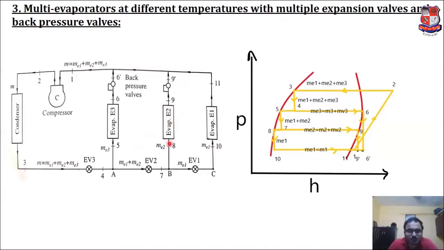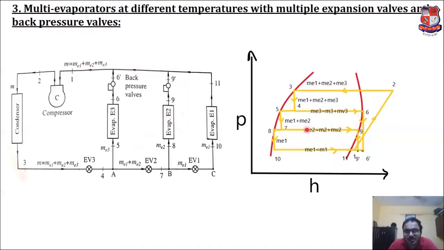Now then we are having this expansion process 5 to 7 which is happening in EV2. So EV2 is having 5 to 7 process. Then 7 to 8 is some form of cooling which is happening. Then from 8 to 9 we are having evaporator E2.